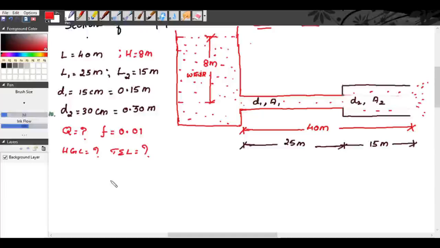Now we will apply Bernoulli's equation to the free surface of water in the tank and the outlet of the pipe. Let us take the reference line or the datum line along the center of the pipe. So this is the center line of the pipe.